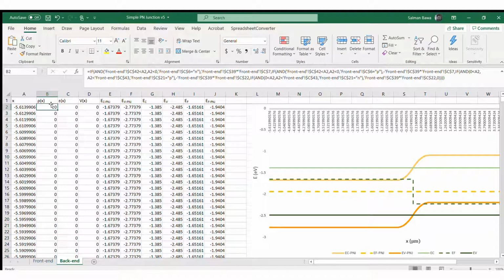So this is the formula that has been used for the charge density. You can see it here.